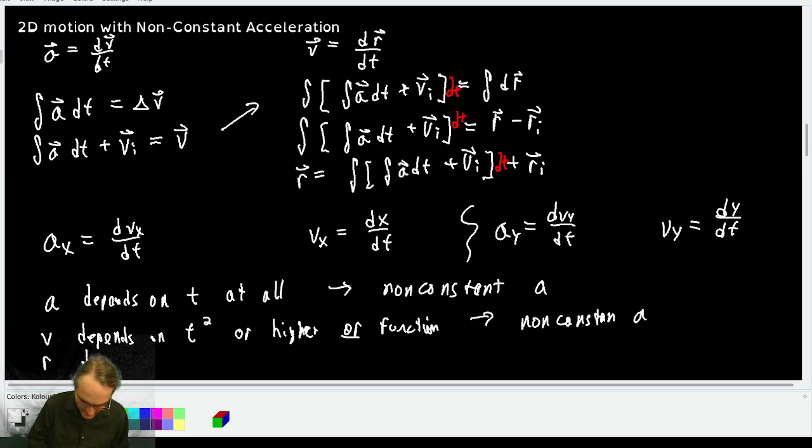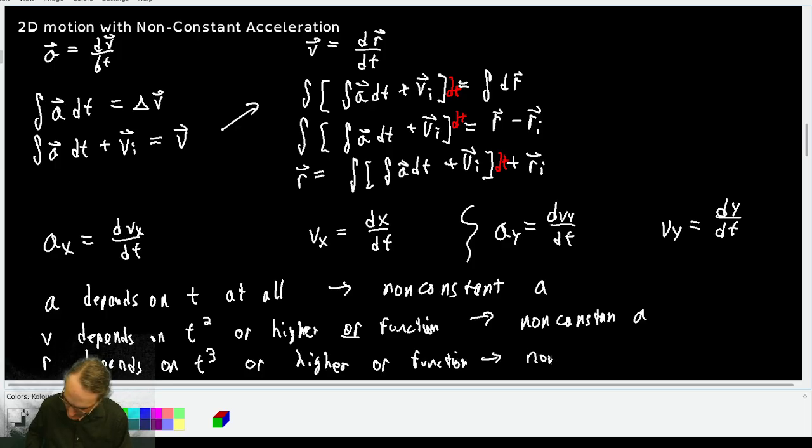And if your position depends on t cubed or higher, or some odd function of t, then non-constant acceleration. So you just have to learn to look for those cases. They're relatively uncommon, but they do exist.